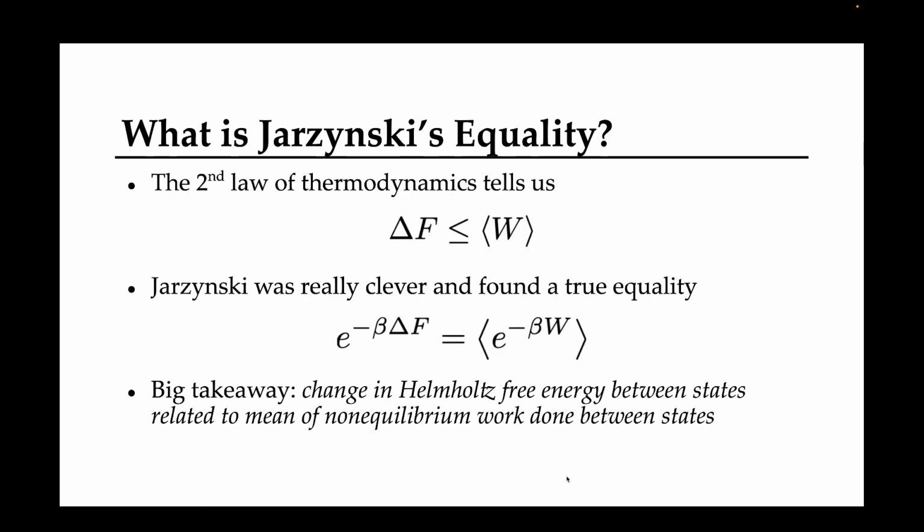So the second law of thermodynamics tells us that this change in free energy is bounded essentially by the mean work of an ensemble of processes. But Jarzynski was really clever, and he found actually a true equality that involves a thermodynamic quantity here, this exponential, and then adjusting for the temperature.